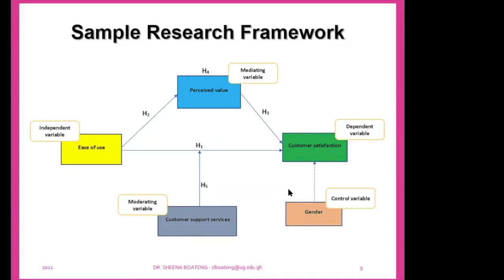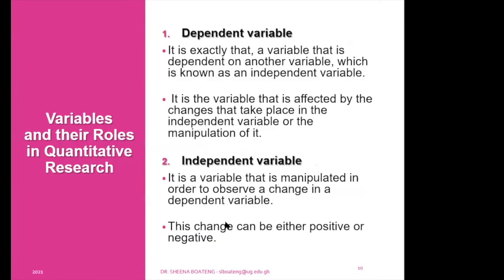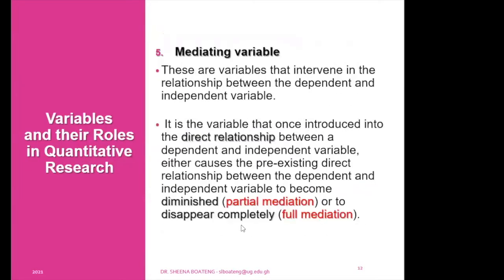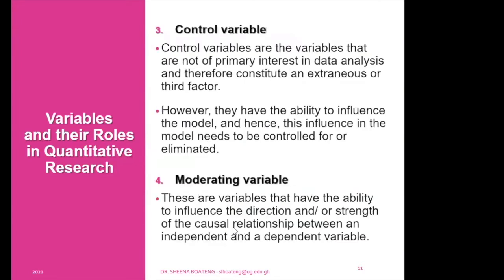It rather stands back and influences the relationship from a distance. Does it make sense? Yes. So with that, we've understood the 5 main kinds of variables that we can see in a research framework and that we can hypothesize for, right?